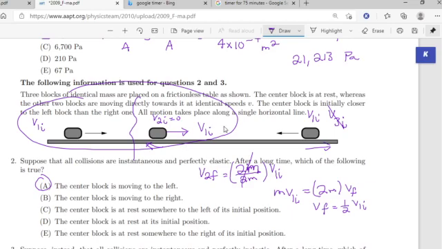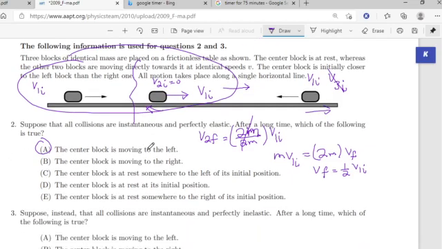And so these are both moving this way. Okay, so the total momentum, and this also has velocity v1I, but it's in the opposite direction.